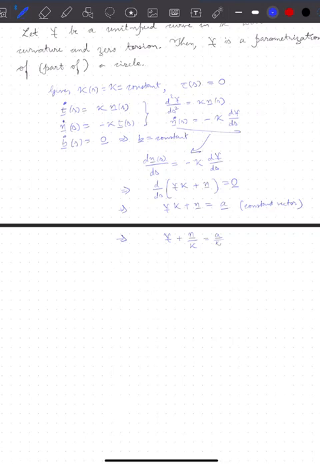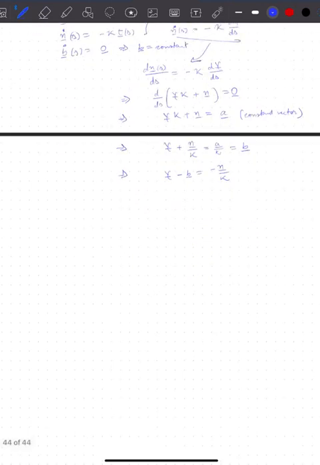This a vector by kappa we can write as b vector, since kappa is a constant and a vector is also a constant vector. So this implies that gamma vector minus b vector is equal to minus n vector by kappa. So far, so good. Now take the norm on both sides.